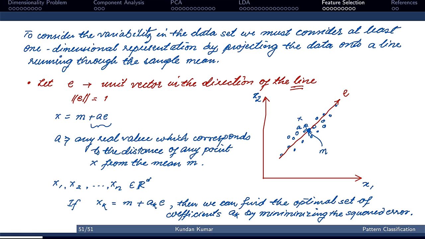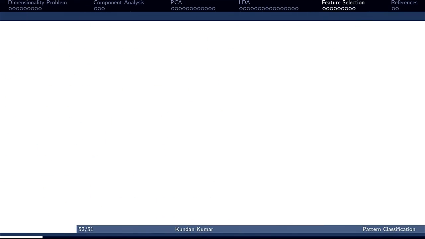So what is the squared error? The squared error criterion function.